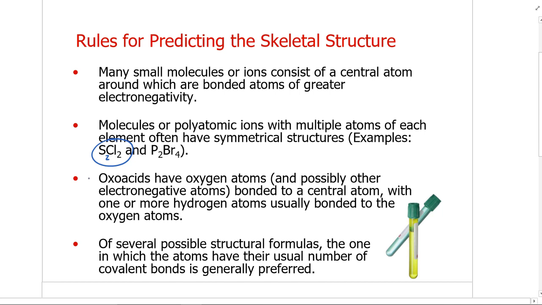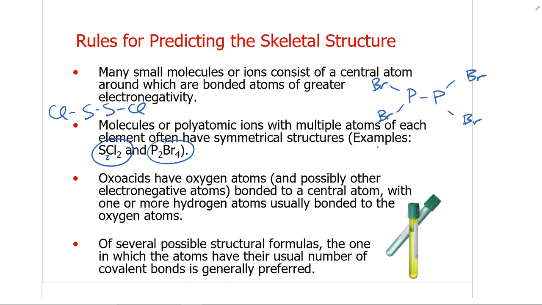So if we draw out a diagram for this, we put the two sulfurs in the middle, and then the chlorines on sides opposite of them. Something like P2Br4 would be shown where we'd put the two phosphorus in the middle, and then the bromines on opposite sides. So as you're trying to draw these out, we often want to think about symmetry in developing those structures.